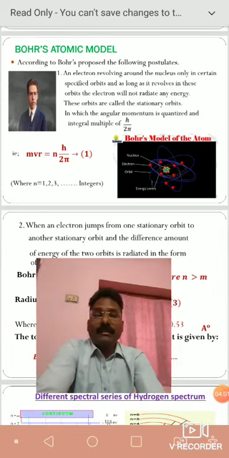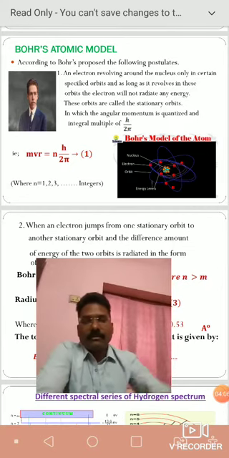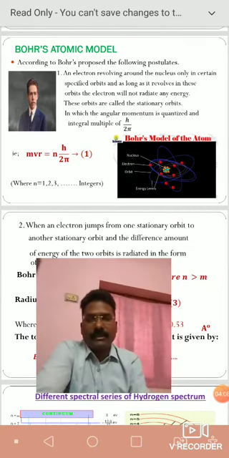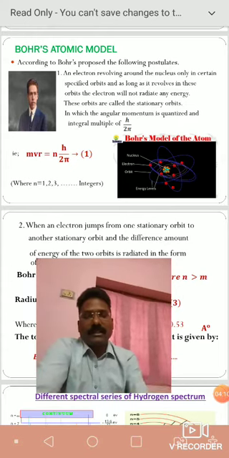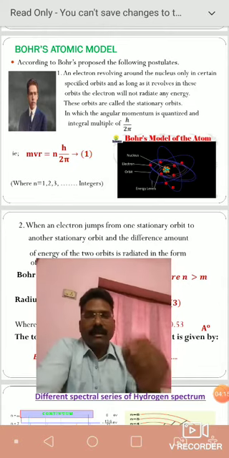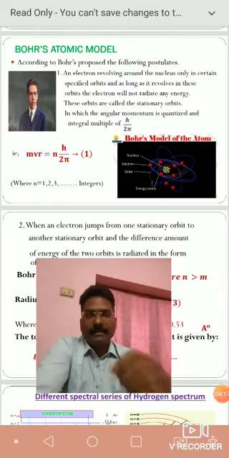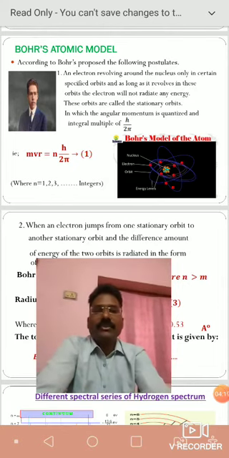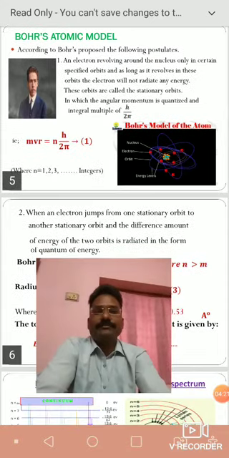These orbits are called stationary orbits. Whenever the electron revolves around the nucleus, the energy is neither radiated nor absorbed. Hence, the orbits are called fixed orbits. The fixed orbits are known as stationary orbits.